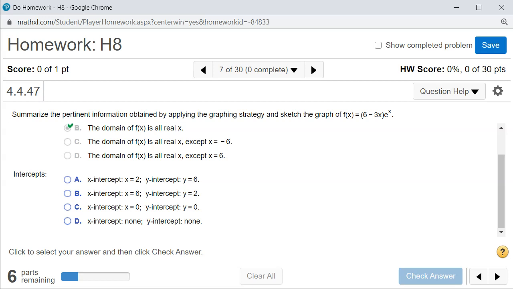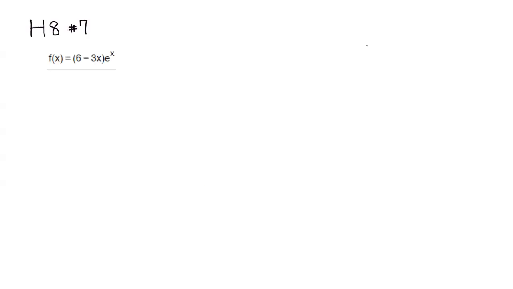So let's do that. In order to find the x-intercept, what do we need to do? We need to set y equal to 0, right? So we're going to just set the function 6 minus 3x times e to the x equals 0.